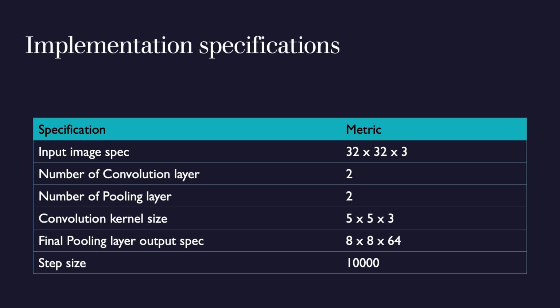The dimensions before feeding to the fully connected layer is recorded as 8 cross 8 cross 64, representing the number and the length and the width of the feature maps generated by the feature extraction subnetwork.